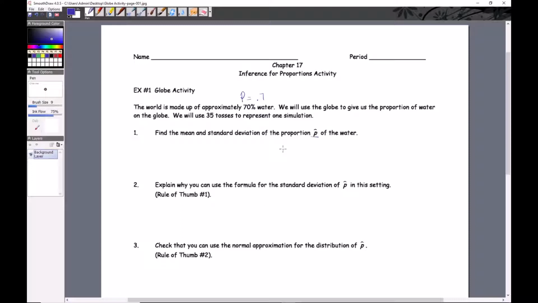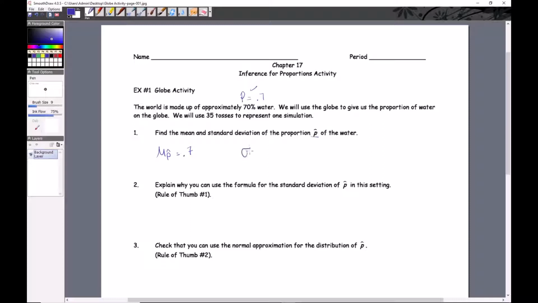All right, they're asking us for values for sampling distributions. So mu of p hat, very simply, is the same as the population parameter, so that's 0.7. All right? Then the standard deviation, we do have to check some conditions, but we'll do that in 2 and 3.